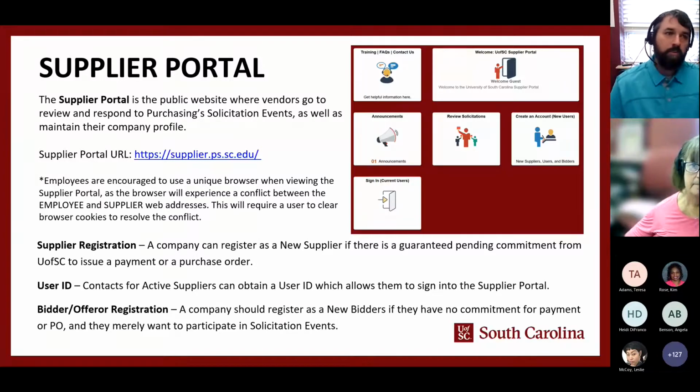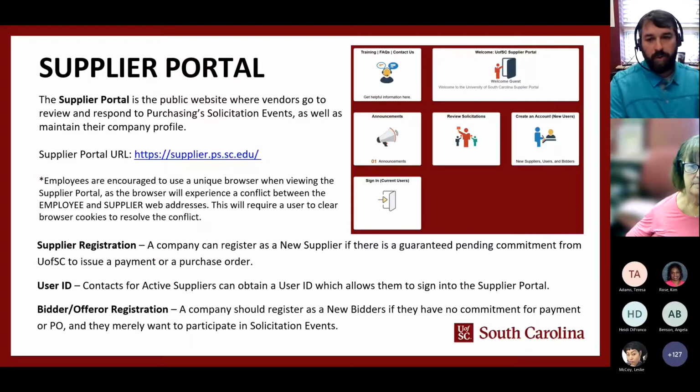You're going to want to use a different browser altogether if you engage the supplier portal, because these two modules that are related to the employee and the supplier web addresses have a conflict whenever you try to go back and forth within the same browser to each of these systems.